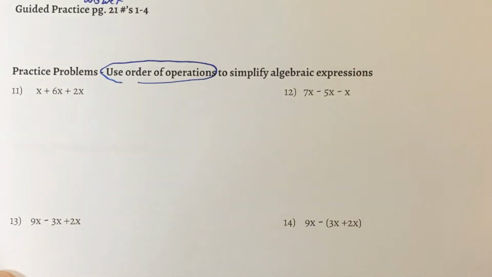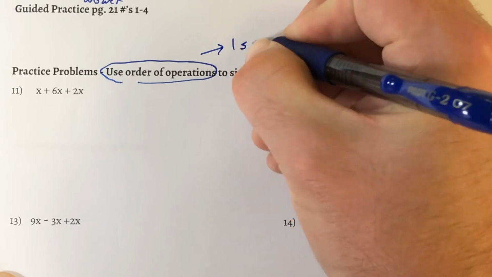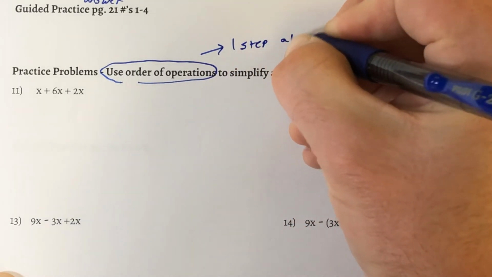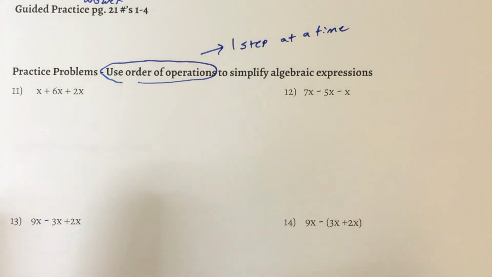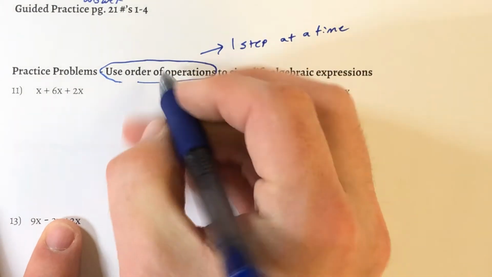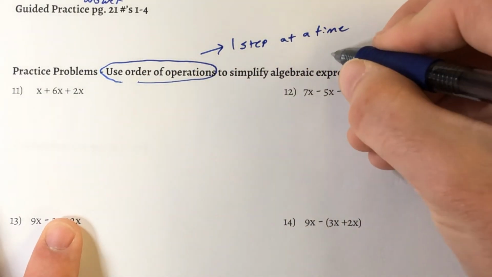So it's important to note that you do one step at a time. We're practicing while this is easy, so when you get into higher math with harder examples, it stays easy because you know your steps.